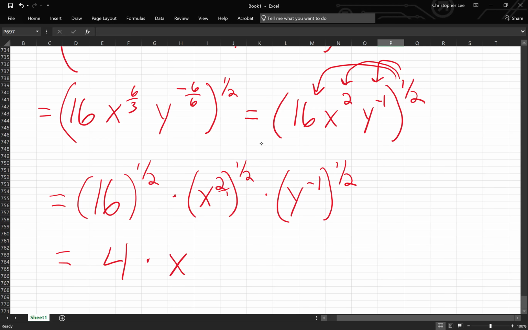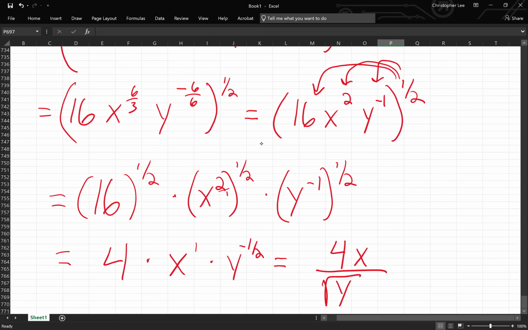So 2/1 times 1/2 is 1, right? Times y to the -1 times a half. This is just y to the -1/2, right? Now you know it's illegal for me to have negative exponents, right? So this final answer is going to be 4x over the square root of y, right?